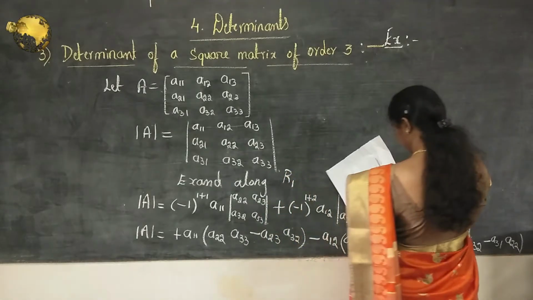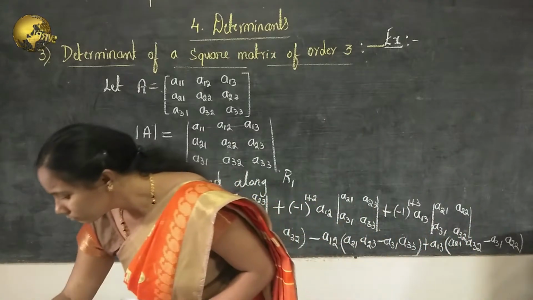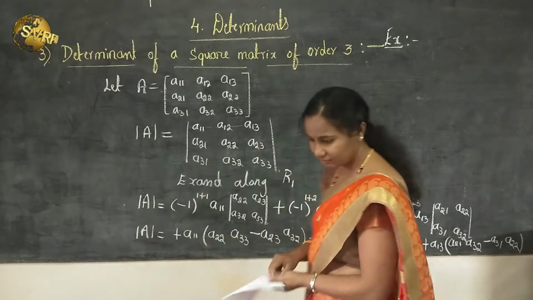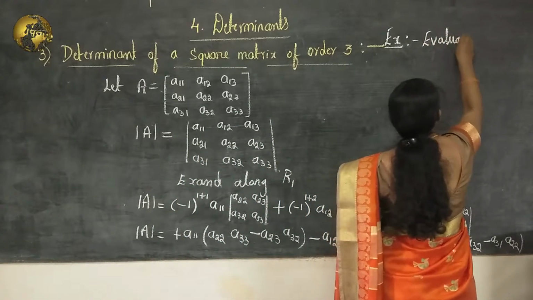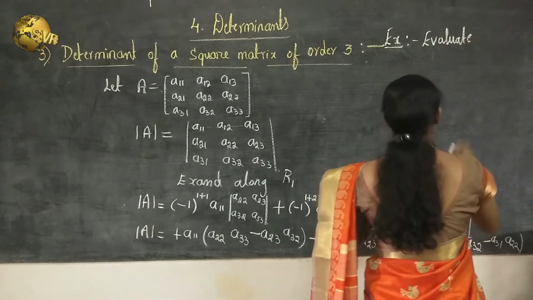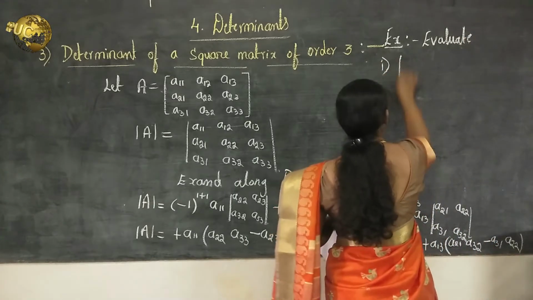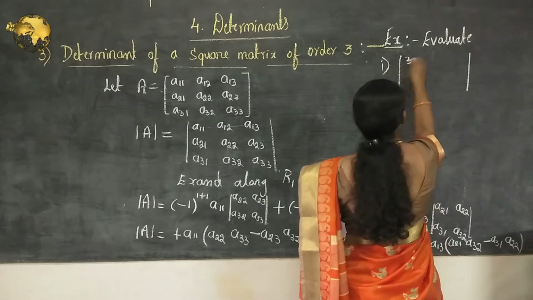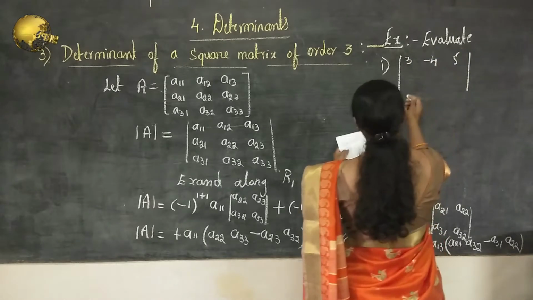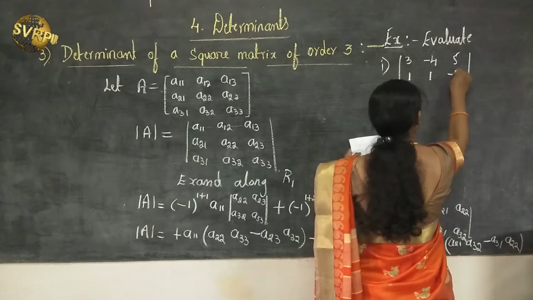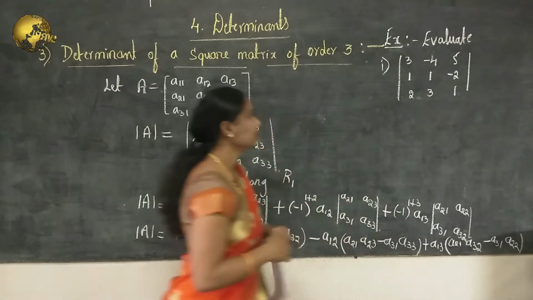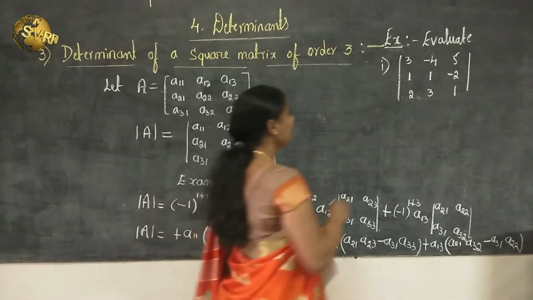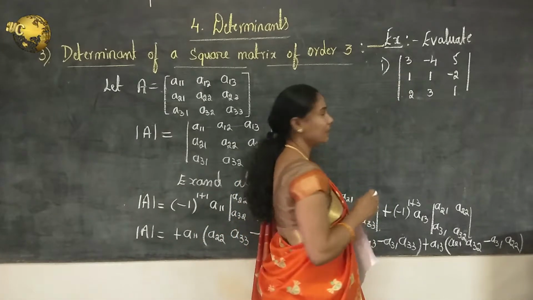Evaluate the first one, determinant of 3, minus 4, 5, 1, 1, minus 2, 2, 3, 1. We have to evaluate this and find the value of that.